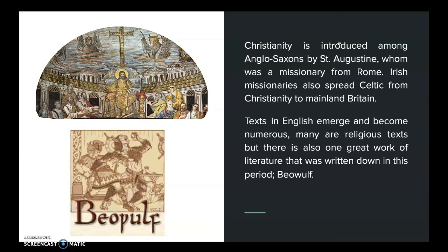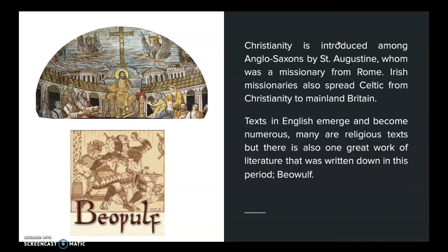During this period, many texts in English emerged, mainly related to religious beliefs and other things mostly concerned with religion. But there was this great piece of work which was written down in this period, and it was Beowulf. This piece of literature we'll be talking about in the next slides.